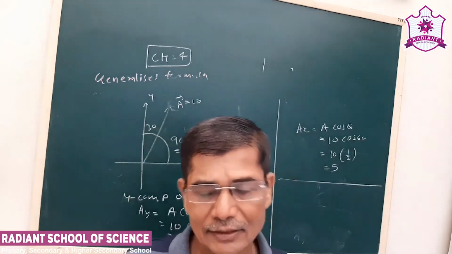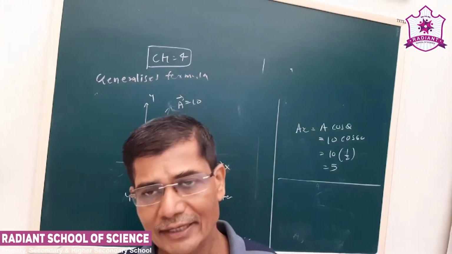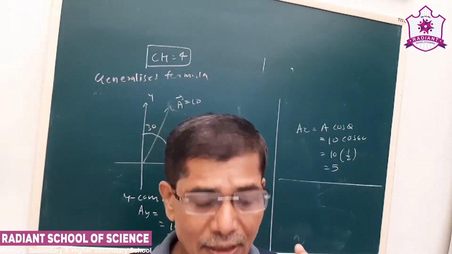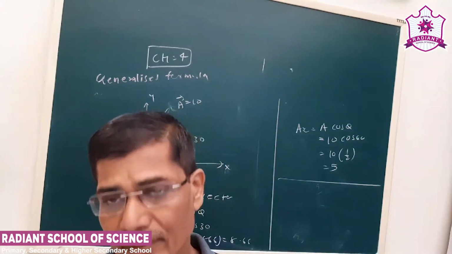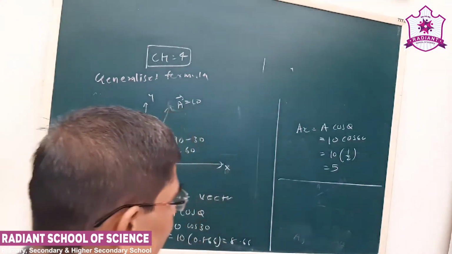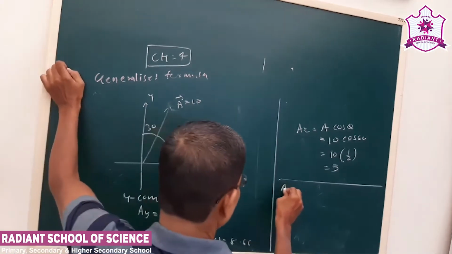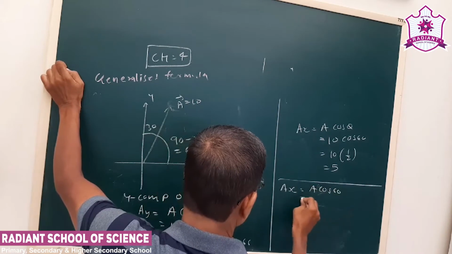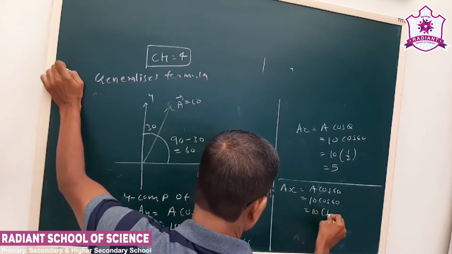Or if you want to use our classical method, you simply have to remember, or cram, like this: the x component is cos and the y component is sine. In that case, it should be clear to you that the angle should be with the x-axis only. So keeping that in mind, suppose I find AX is A cos 60, then cos 60 is 1 by 2.